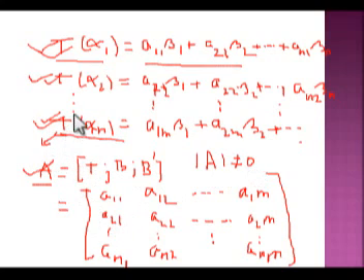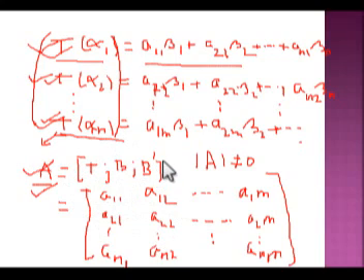So for checking whether a linear transformation is invertible or not, we need to find the relative matrix of the transformation and find out whether it is singular or non-singular. Non-singular means all these column vectors must be linearly independent. Then it is non-singular.